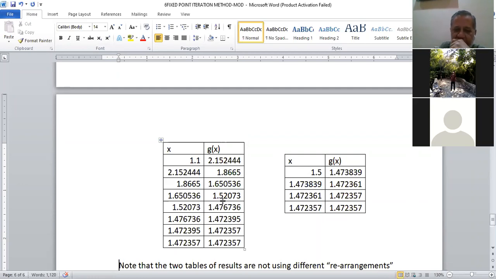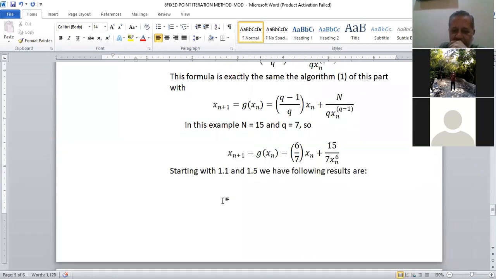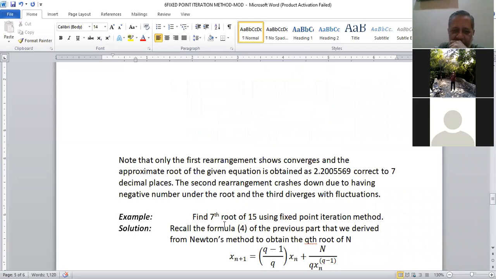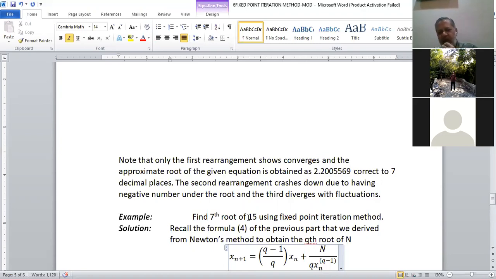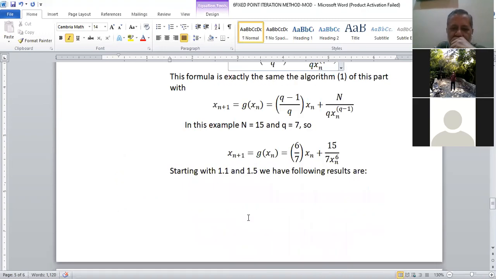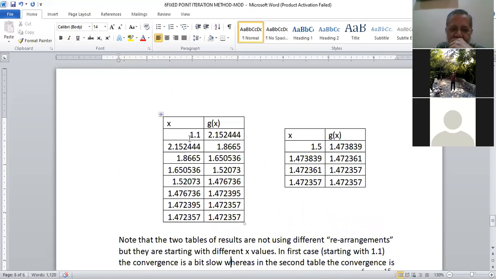But whenever you solve such a problem where you have to find the seventh root or 10th root of any positive integer, a square root or cube root or nth root, you will always get a number greater than 1. That is why we start the procedure with a number greater than 1.